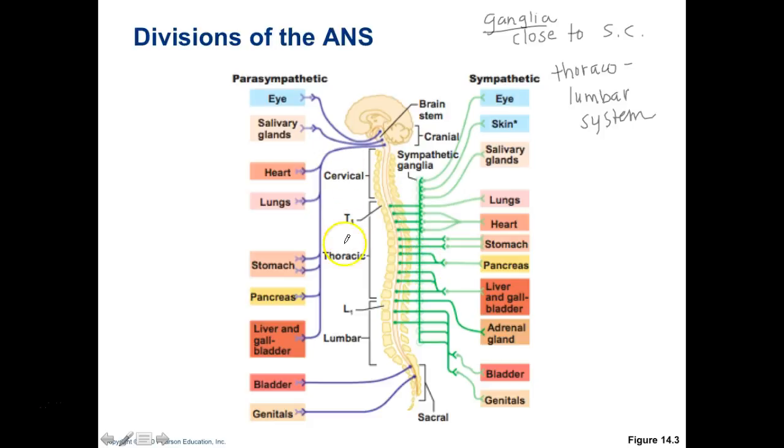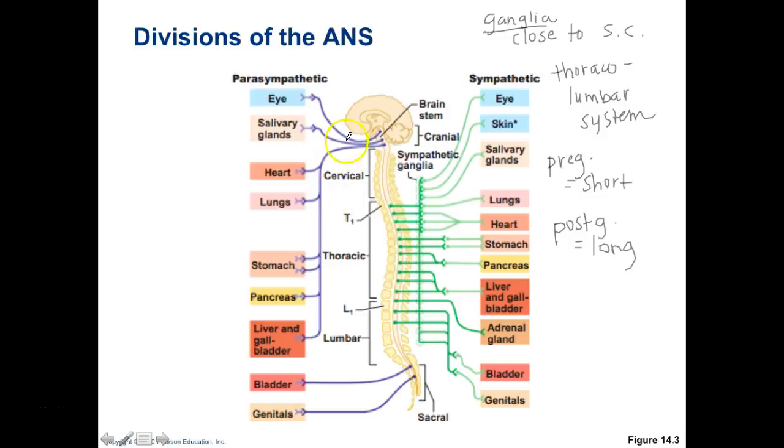Now let's talk about our parasympathetic nervous system. That's what I wanted to mention. If you look at these preganglionic fibers, I'm just going to abbreviate this as pre-G. Preganglionic fibers in our sympathetic nervous system are going to be short, whereas postganglionic fibers are going to be long.